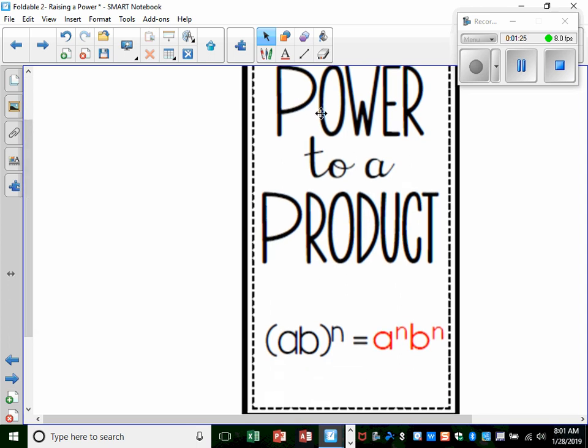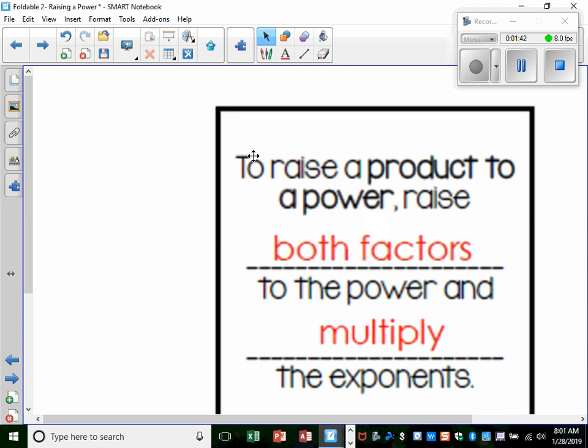So now this is a power to a product. If it's a power to a product, that means you have more than one term inside of here, then you're going to raise each one to the power, or multiply. Okay, so let's look at some examples. It says to raise a product to a power, you raise both factors. Factors are numbers that we multiply together.